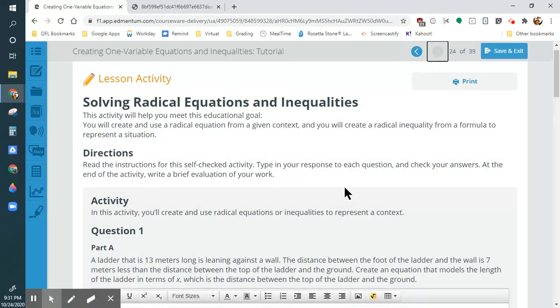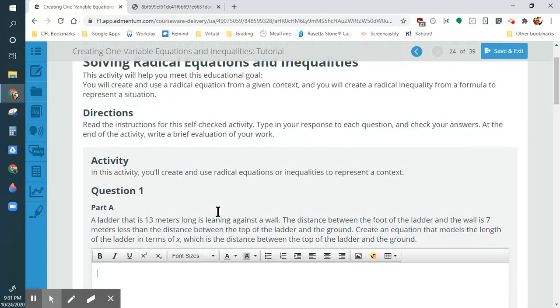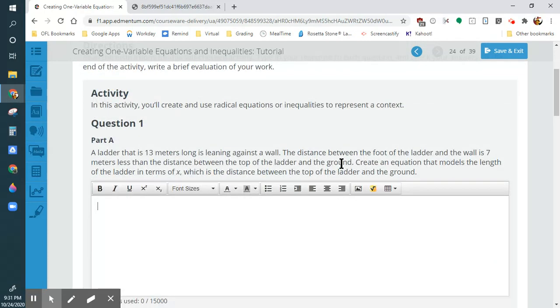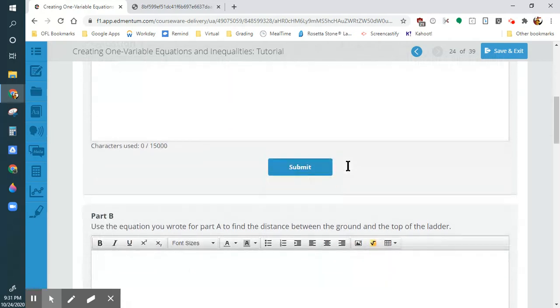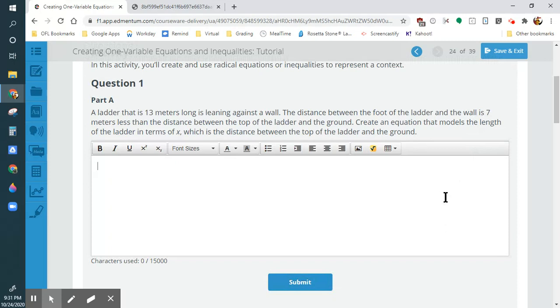So let's finish off this activity. I know this is a long video, so actually, no, I want to finish it while I'm still saying this. A ladder leaning against the wall, the distance from the foot of the ladder to the wall is 7 meters less than the top of the ladder to the ground. So basically, imagine this rectangle.